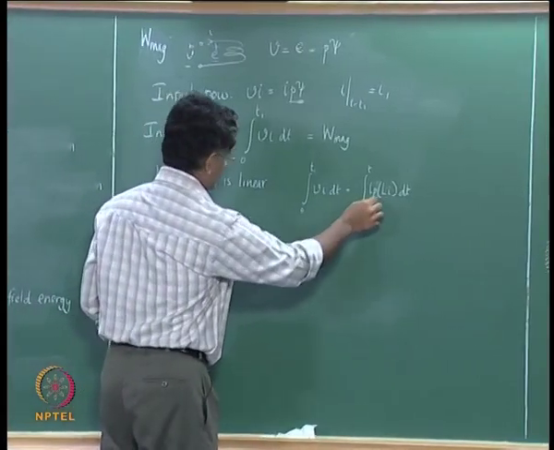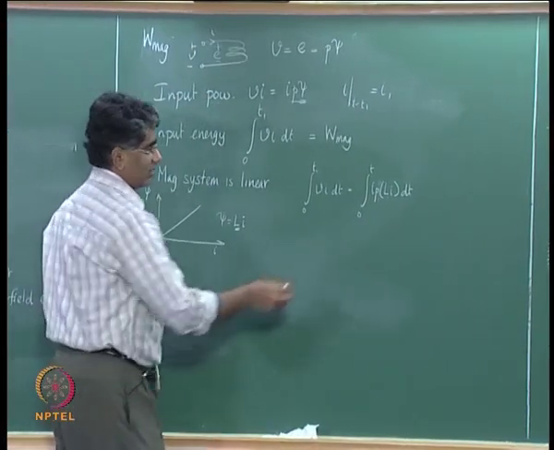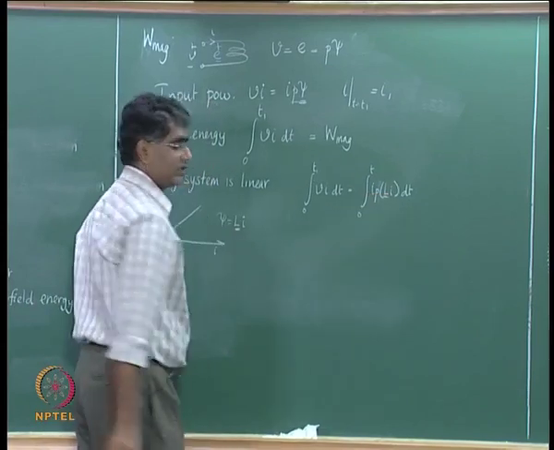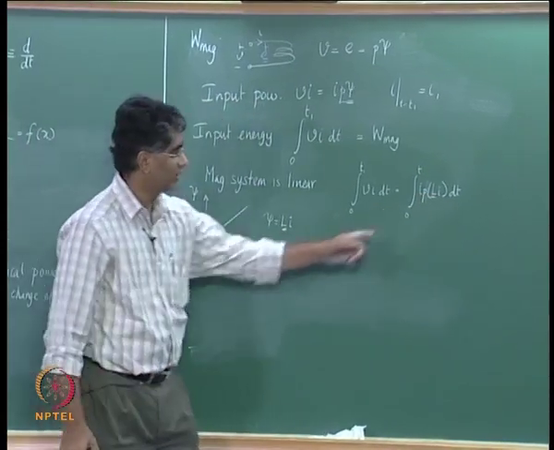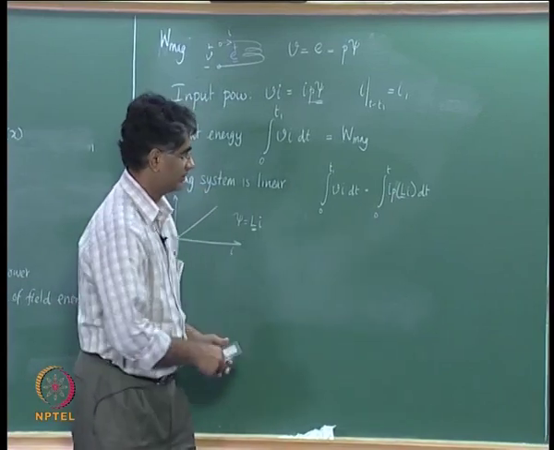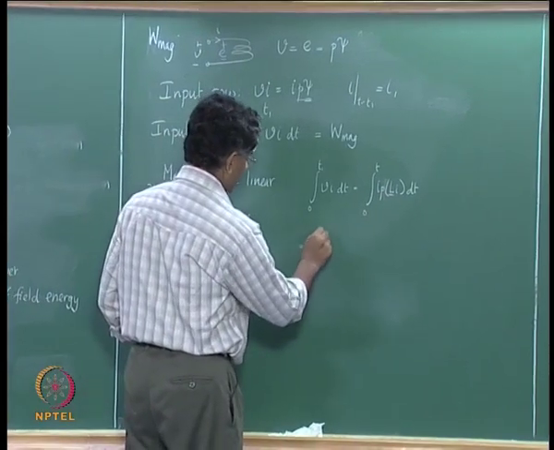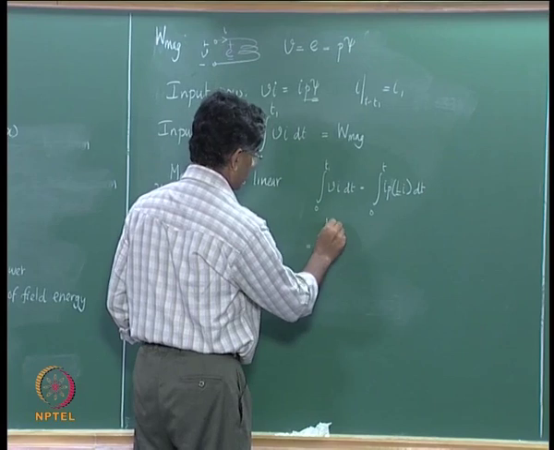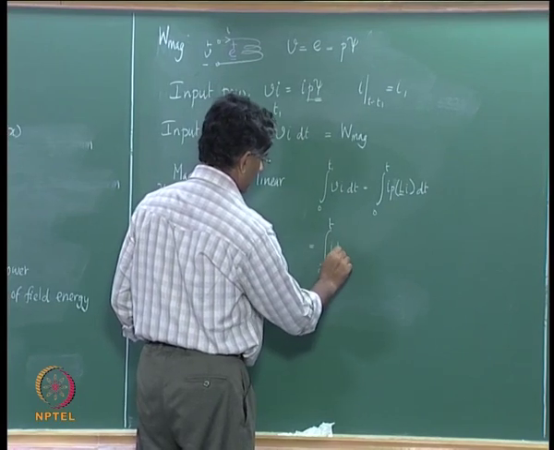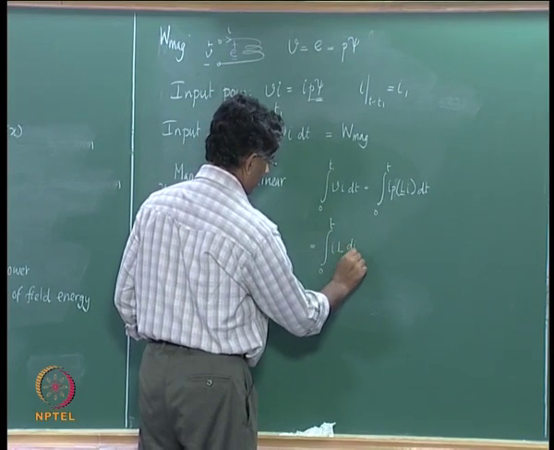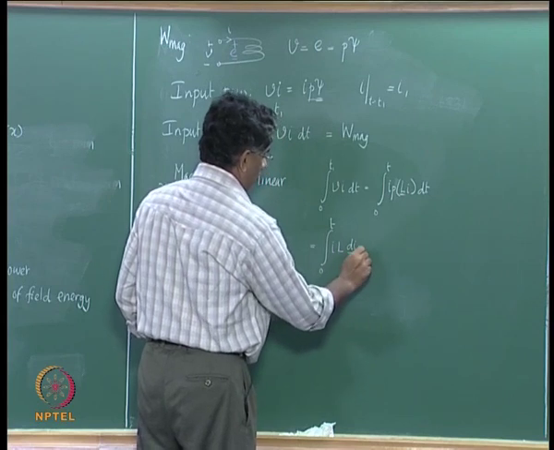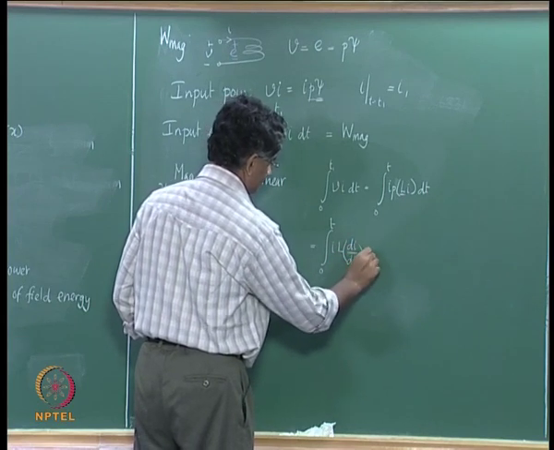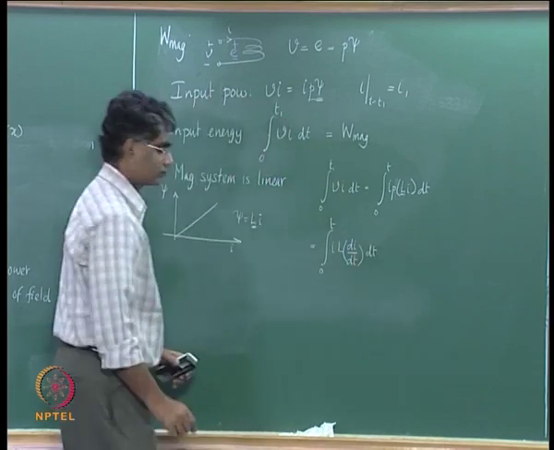Because the system is linear, L is a fixed number and therefore can be taken out of the differentiation. So this is nothing but integral 0 to T of I into L into di by dt dt.